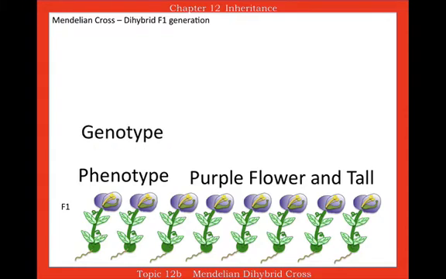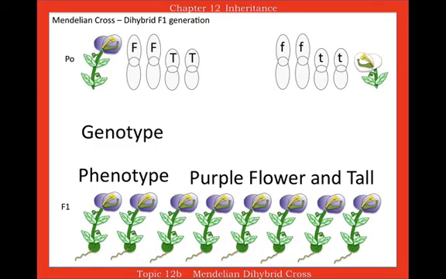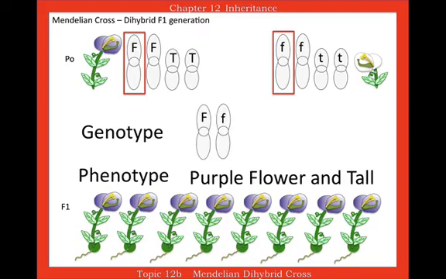To determine the genotype, let's consider the genotypes of the parental plants. Each parent has only one type of allele to give, so the F1 must be heterozygous for flower color and for height genes. All the F1 are dominant for both traits due to the presence of one dominant allele for each.